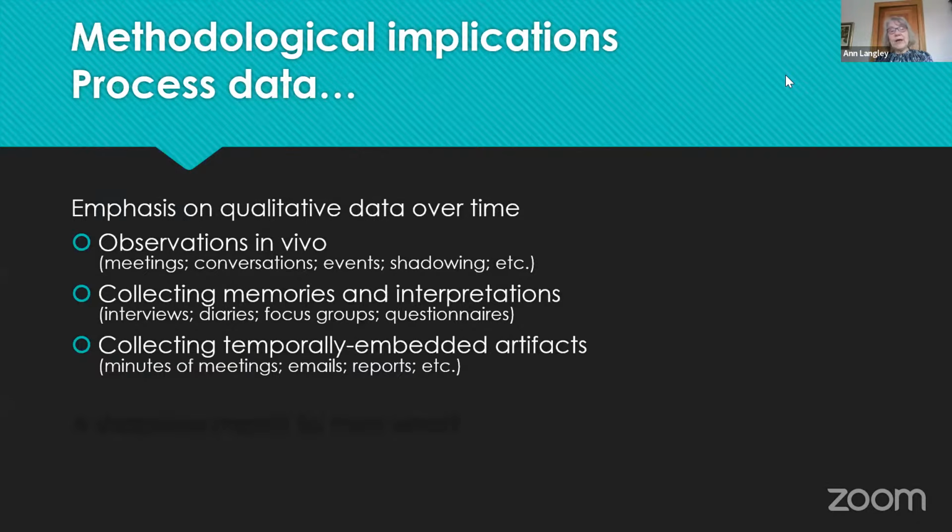And the third way is to look for artifacts. So artifacts that were created at moments in time that we can actually timestamp so that we know when they happened. So things like minutes of meetings. More recently, we've been using emails, reports.